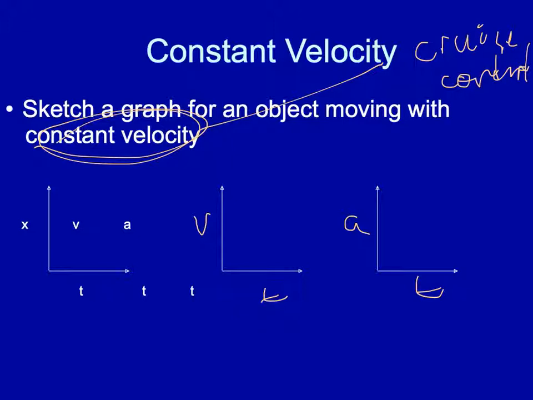Pause it and see if you can create it. Okay, it should be back now. Constant velocity means your speed is not changing, so you don't have any acceleration. That's what the three graphs should look like.